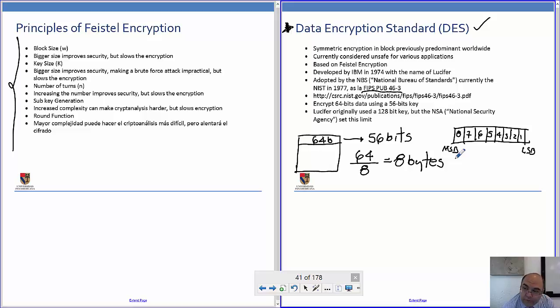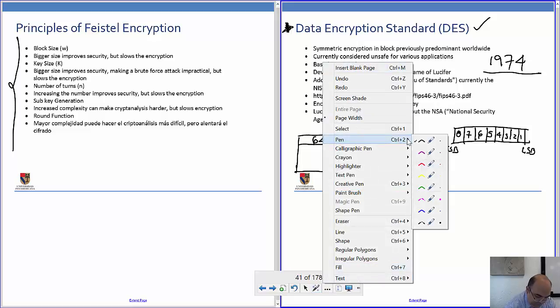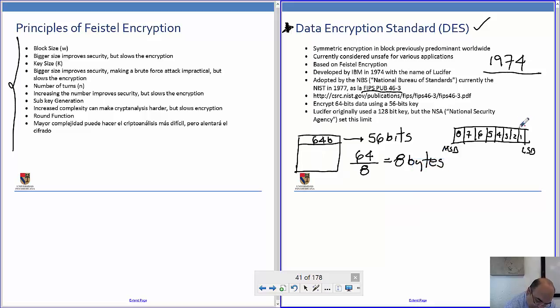Remember, in the early years, we are talking 1974, many years ago. At that time, the internet was almost non-existent. There were some internet connections, but it was not mainstream. And usually bytes were not 8 bits, they were 7 bits. Do you know why? Because of the last bit, this bit, we call it the parity bit.